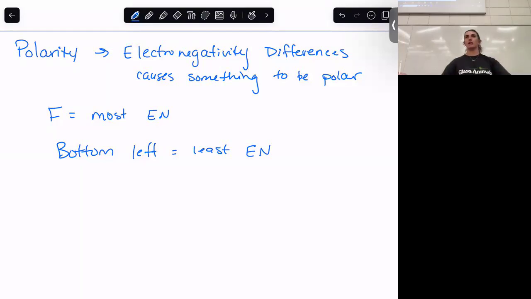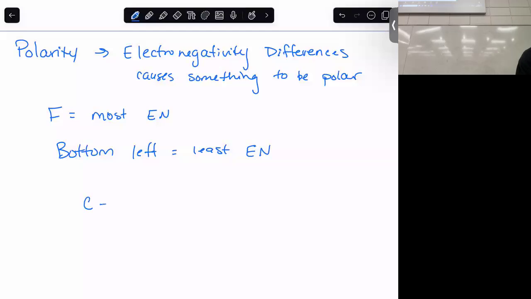And so the farther away that electron is from the nucleus, the less of a hold the protons in that nucleus have on that farther electron. So it's able to give it up, right? If it gets rid of that one electron, then it goes to its full valence shell. So the bottom left, I think it's francium, is the least electronegative atom on the periodic table. So when we have differences in electronegativity, that's what causes something to be polar.